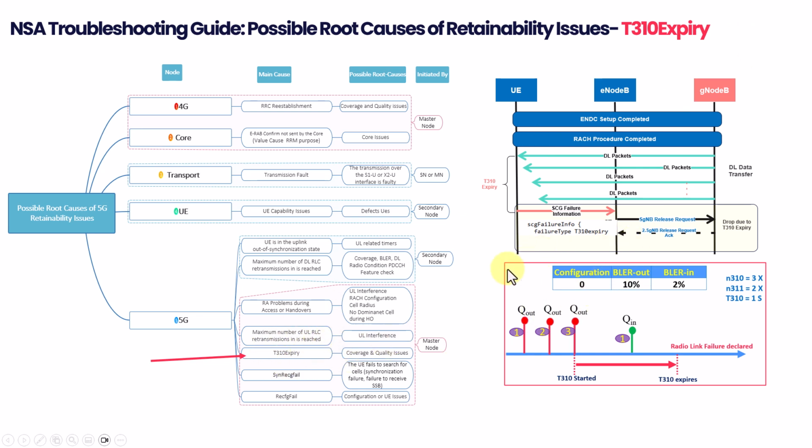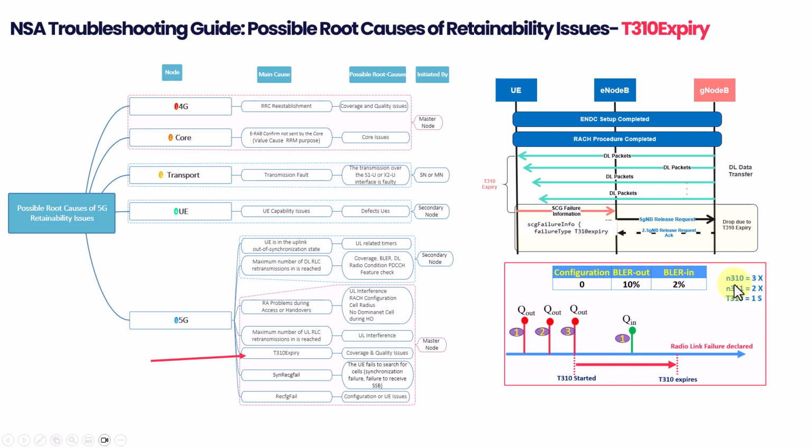But simply, for example, there are downlink packets being sent from the SgNB to the UE, and somehow the user couldn't decode the PDCCH channel for that part, or has high BLER, and was not able to decode this kind of information. In this case, what will happen? There will be a kind of out of sync, and we have a timer called T310 and a counter called N310.